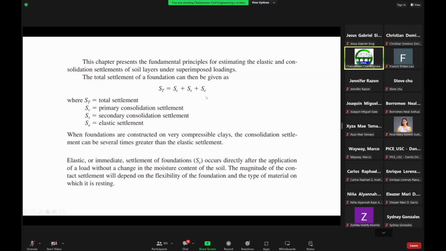In practice, normally we call it immediate settlement, because the effect is immediate. And then also in actual practice, we also add the settlement due to liquefaction. So there are basically four basic terms, depending on the type of soil material you will encounter during the geotechnical investigation.